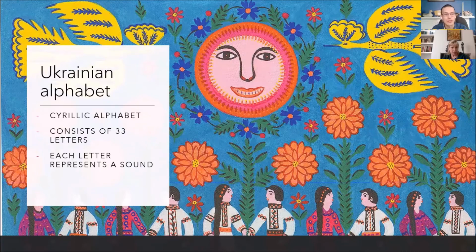There's almost no difference. It consists of 33 letters, and each letter represents a sound. So why does that matter? Almost every sound is represented by one letter, so that facilitates reading.